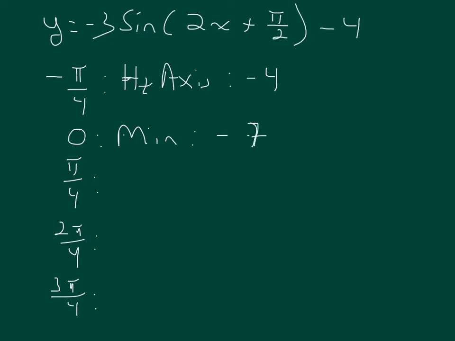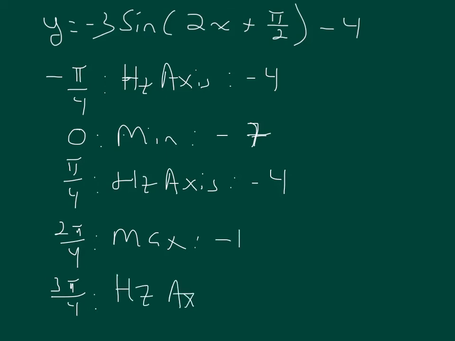Then I go back to my horizontal axis, negative 4. Then I go to my max value, which is negative 1. Then back to my horizontal axis, which is negative 4. So sine curves always start at the horizontal axis and will end at the horizontal axis.